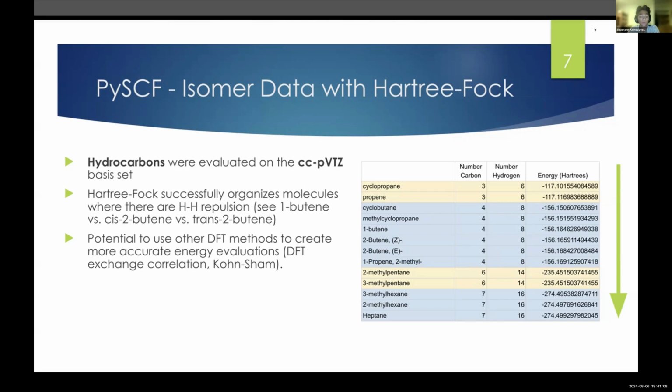To achieve even more precise results, especially on a finer energy scale, we can employ newer and more accurate computational methods like DFT, or density functional theory, with exchange correlation functions. DFT provides a better understanding of the correlations between electron orbitals compared to standard Hartree-Fock methods. This marks the core of our research, which we will expand on later in this presentation.